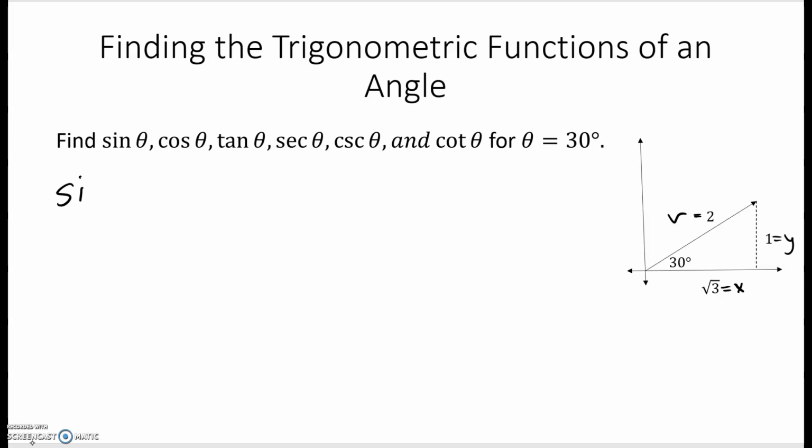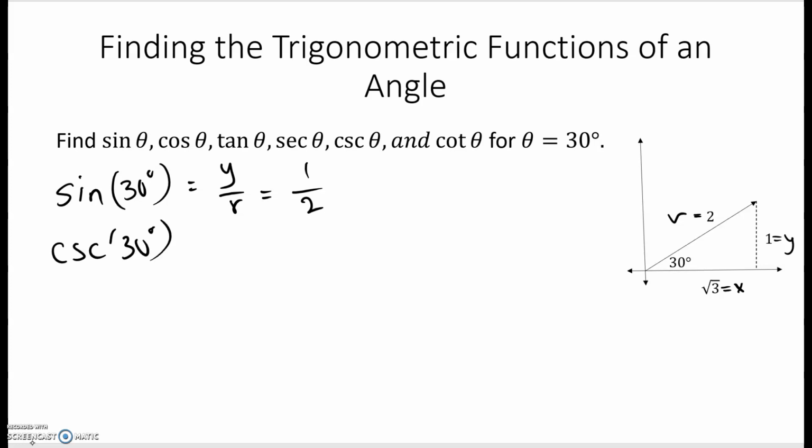Alright, so we'll go ahead and find sine of 30, which we know is Y over R. Okay, so Y is 1, R is 2. Done. I'll go ahead and find the reciprocal of that. So cosecant of 30 is going to be R over Y, 2 over 1, or 2.